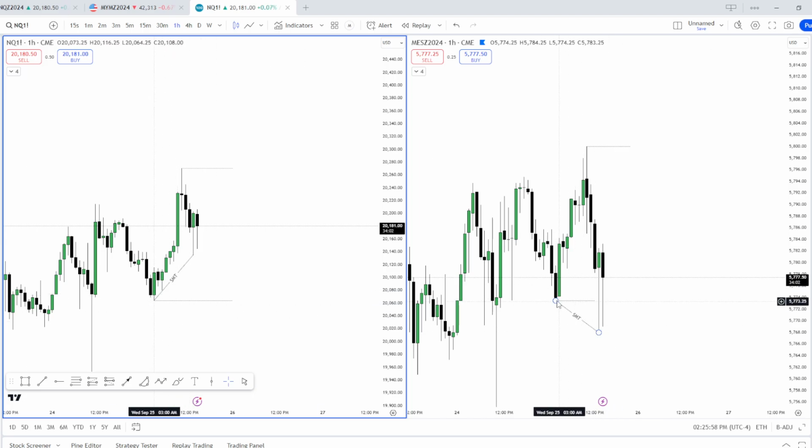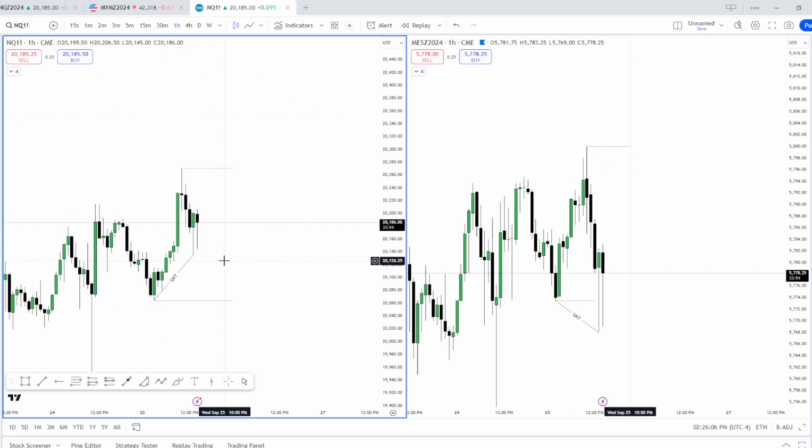However, ES is sweeping one out and NQ is not. So once again, that's bullish SMT. We can expect this to possibly send price to the upside. And along with your other confluences that you use, fair value gaps, order blocks, all of those different things, you can use this SMT to give you a directional bias.